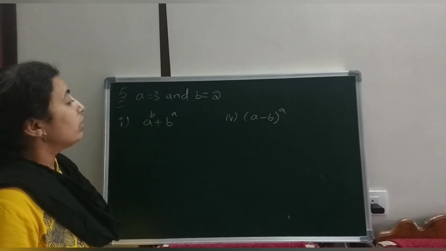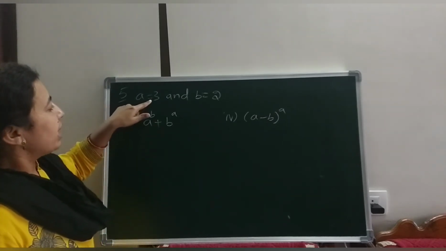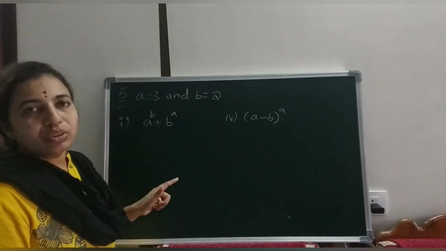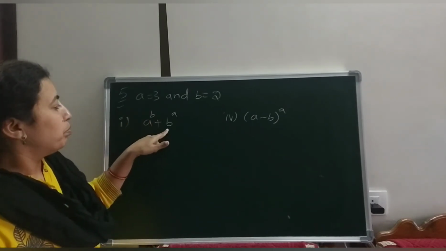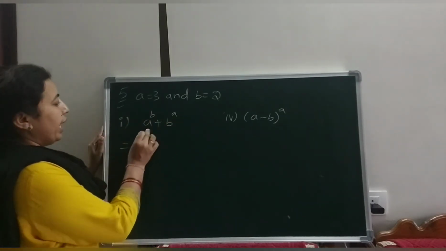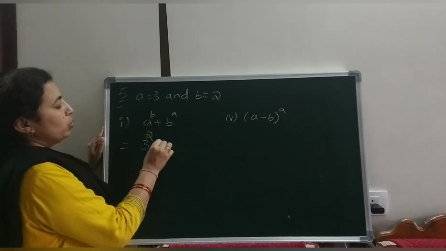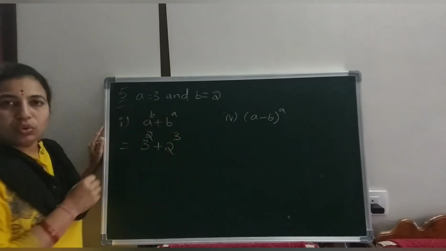So I will solve 2 bits and you have to do the remaining 2. So what is given here? A value is given as 3 and B value is given as 2. What you have to do? You should substitute those values in the given expressions. That's it. A to the power of B plus B to the power of A. A value is what? 3. B value is 2. So 3 to the power of 2 plus 2 cube.